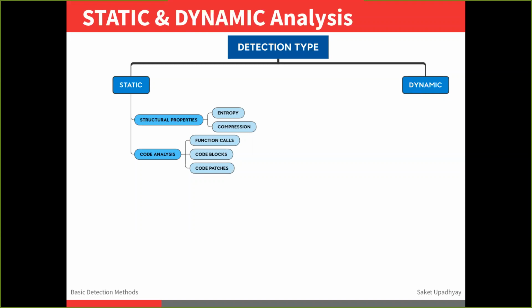For example, if a malware or a family of malware uses a certain function call every time they are executed, we can identify it. Then if a file contains certain patches of code that are there in every malware of that family, we can identify it.